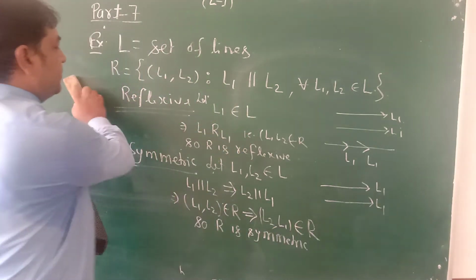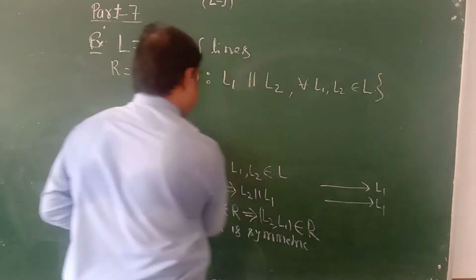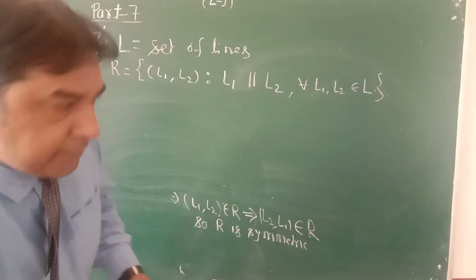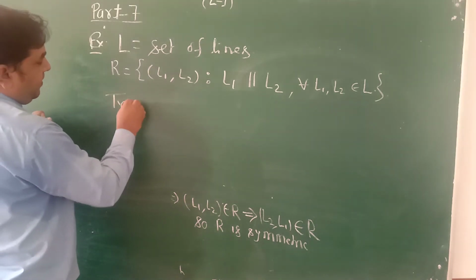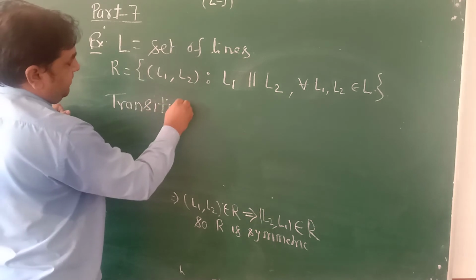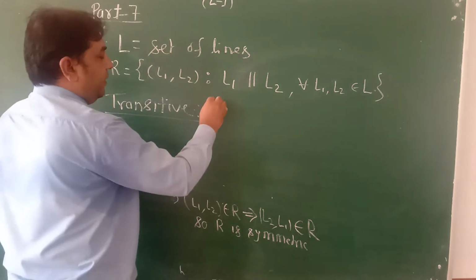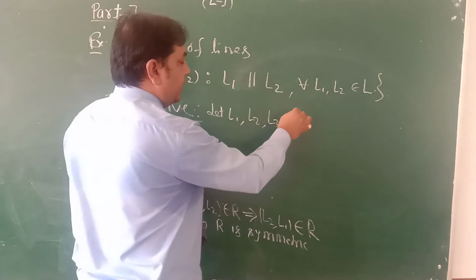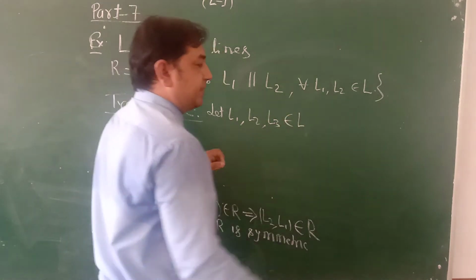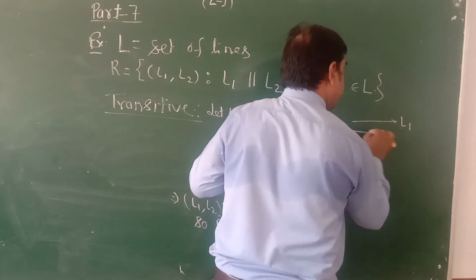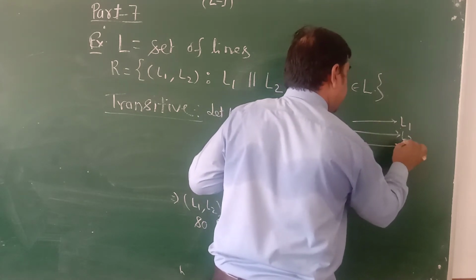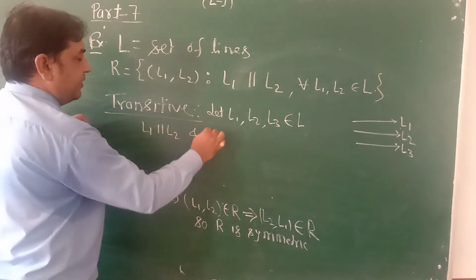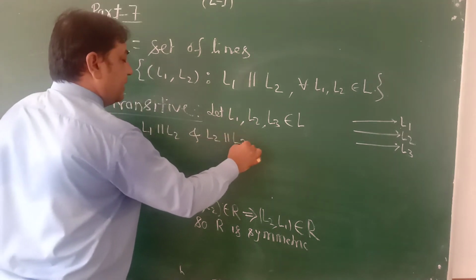Now for the transitive, let L1, L2, L3 be three elements belonging to the set of lines. L1 is parallel to L2 and L2 is parallel to L3.